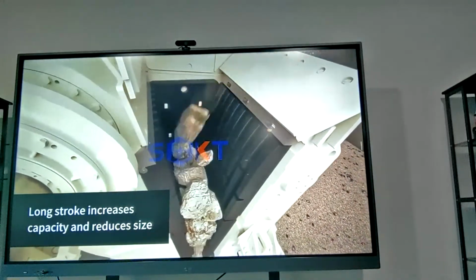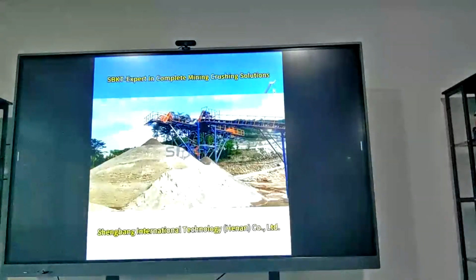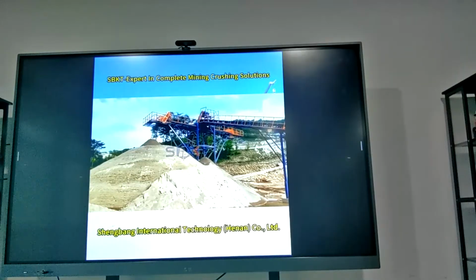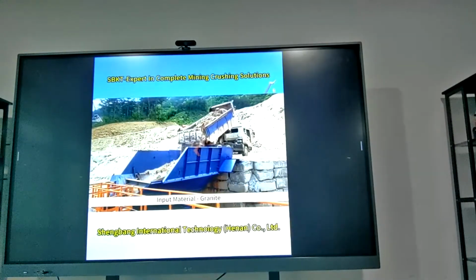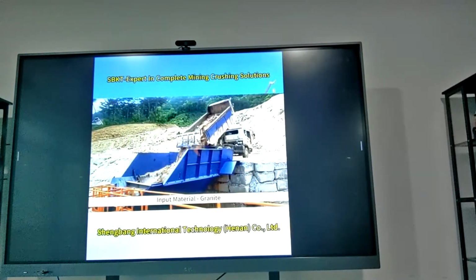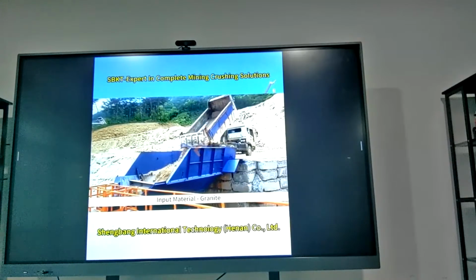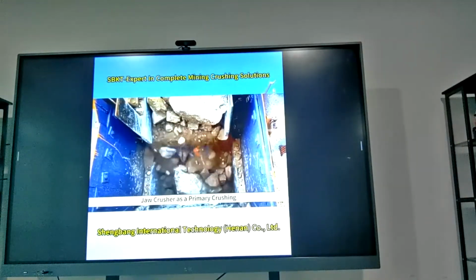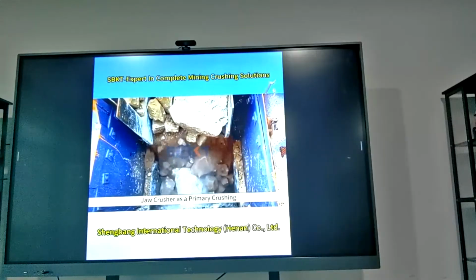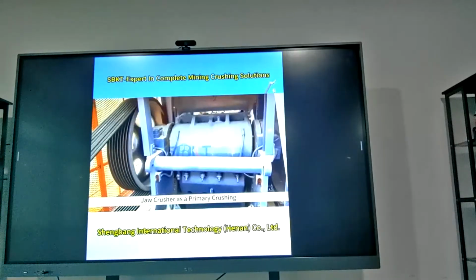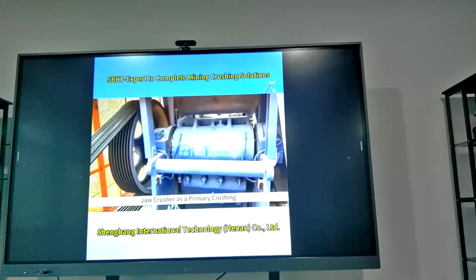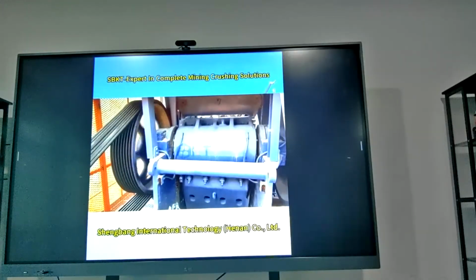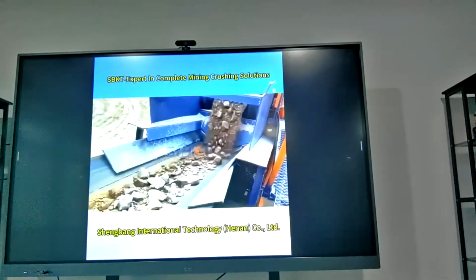The advanced lubrication and cooling system provides all-around protection for the key components of the equipment, effectively reduces the wear of the components and extends the service life of the components. In the long run, it greatly reduces the operation and maintenance costs of the equipment.